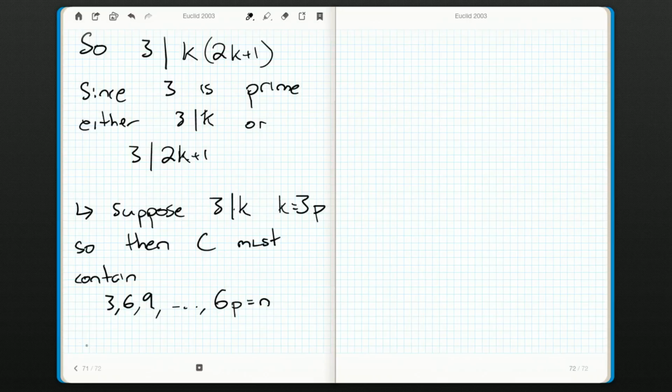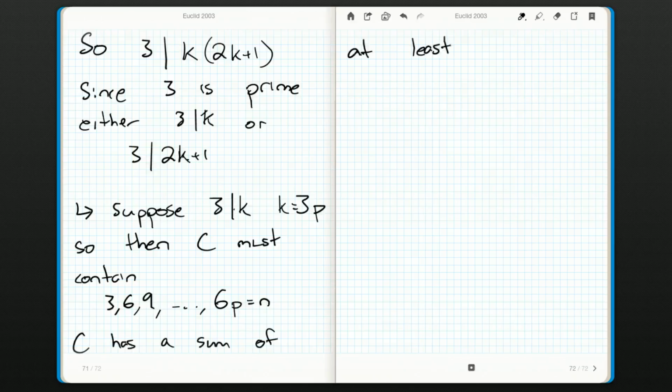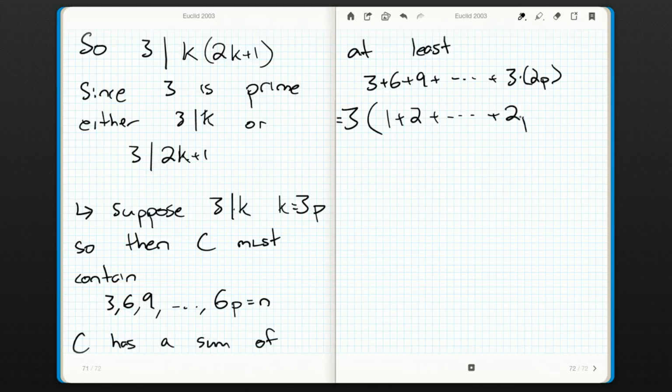So c has a sum of at least 3 plus 6 plus 9 plus all the way up to, I'm not going to write 6p, I'm going to write 3 times 2p. The reason I'm doing that is because now I can write it like this: the sum of c has to be greater than this.